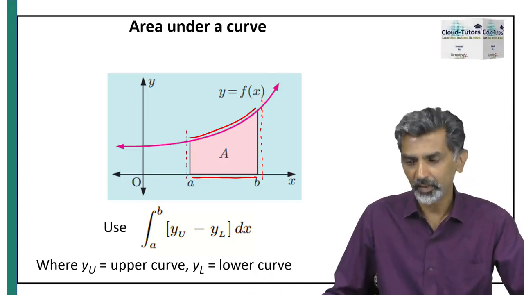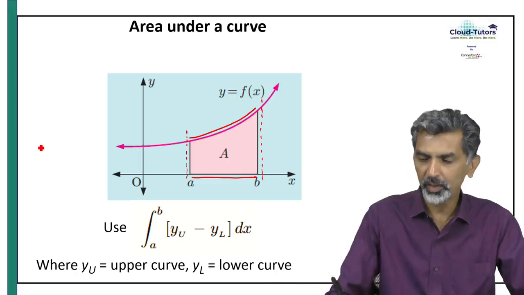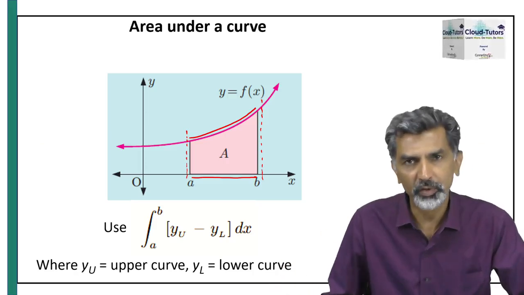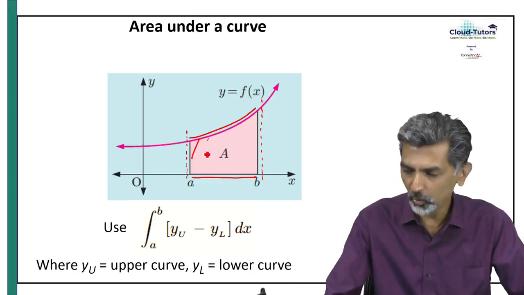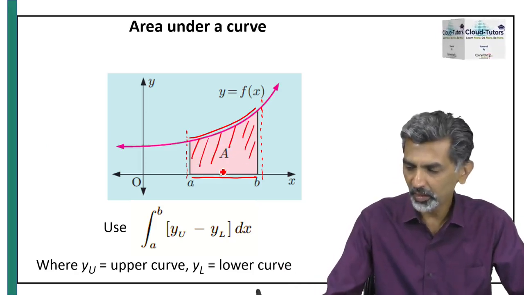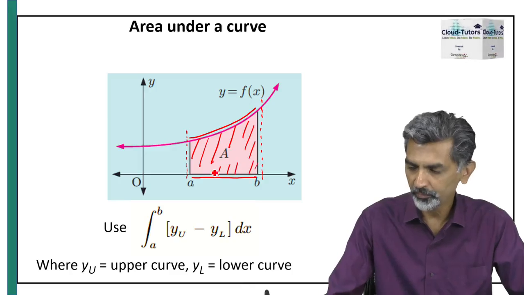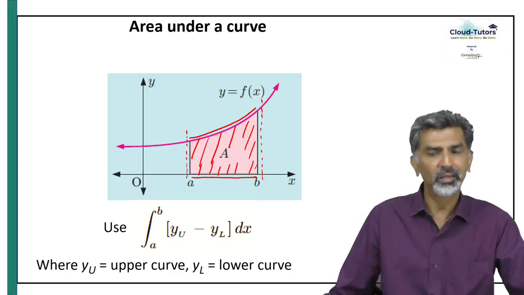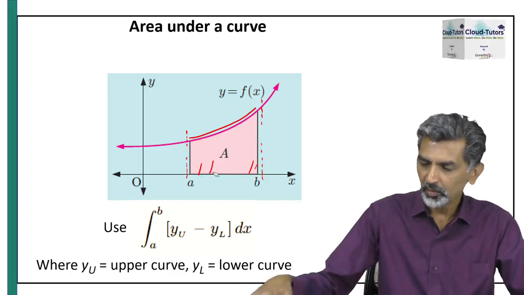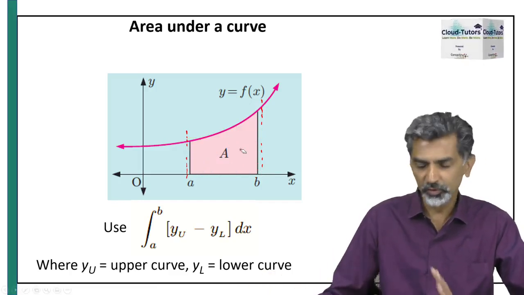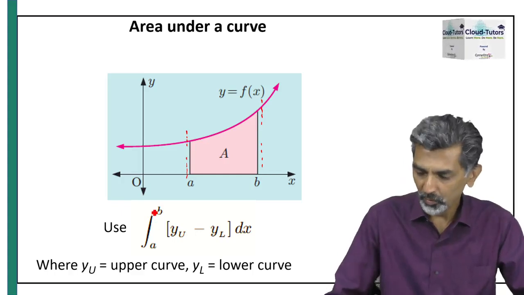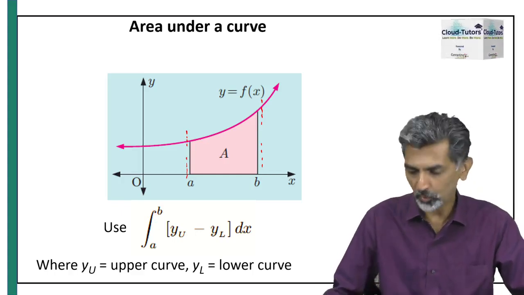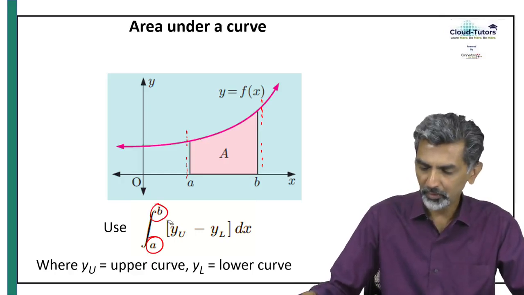So the area under this curve will be given by the process of integration. So how do we actually calculate this area? Remember, we are talking about this area that I am shading here. How do we calculate that area? Well, the actual process of integration can be thought of in this way. It is the integral, of course, from x is equal to a to x is equal to b.